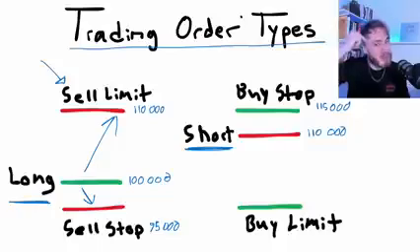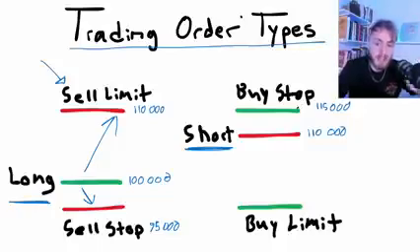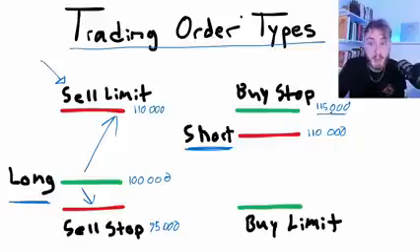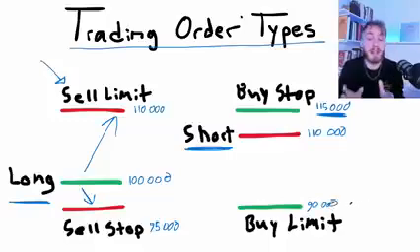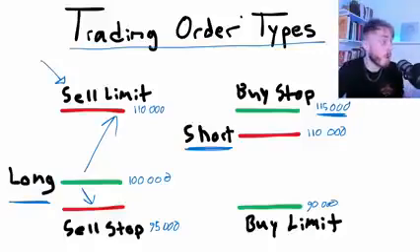Because remember, when you go short, you want the price to go down. So let's say that you go short at 110,000, then your stop might be at 115,000. And your buy limit might be at around 90,000, because remember the limit order is always at a better price. And when you short, you want the price to go lower.